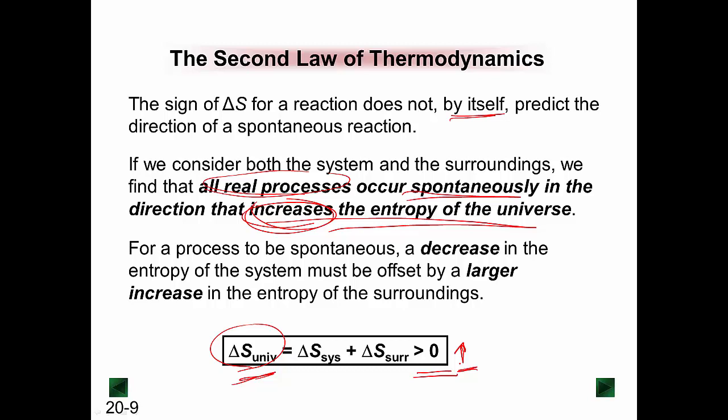So what that means is this last point here. If we have a process that is spontaneous with a decrease in the entropy of the system, so if the system goes down, then the surroundings must increase by a larger amount than the system goes down.